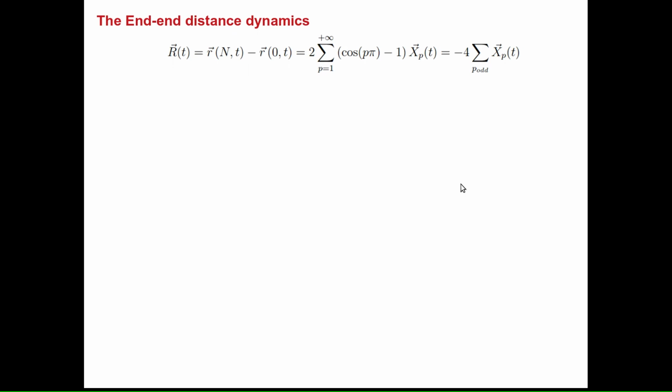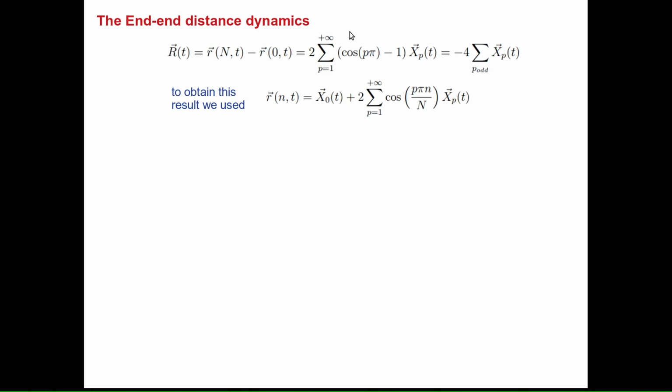Okay, another quantity we want to discuss is the end-to-end distance. All right, so the end-to-end vector is the difference of the position vectors of the endpoints, monomer 0 and monomer N, right? And it turns out that if we use the relation given in the previous slides, connecting the monomer positions to the normal coordinates, we can write this end-to-end distance as follows.